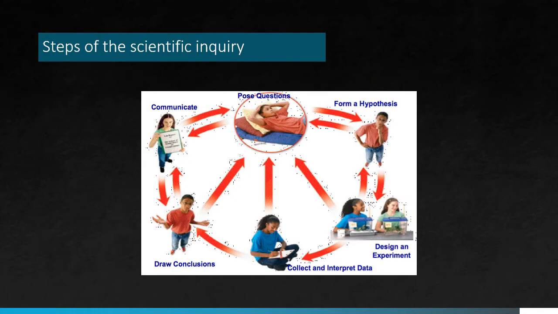The figure you see summarizes the steps of the scientific inquiry or the discovery process. The discovery process or the inquiry process starts with posing questions about a natural phenomenon. Then we form a hypothesis or a claim, design an experiment, collect and interpret data, draw conclusions, and the last step is communication with others.